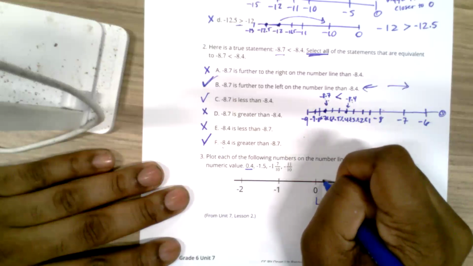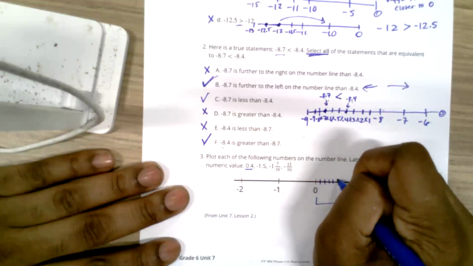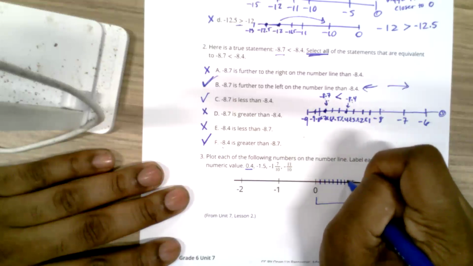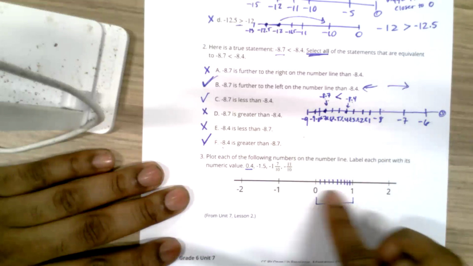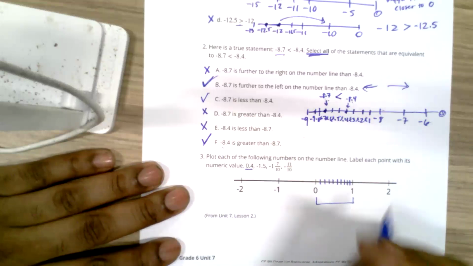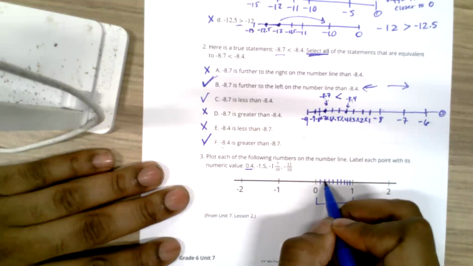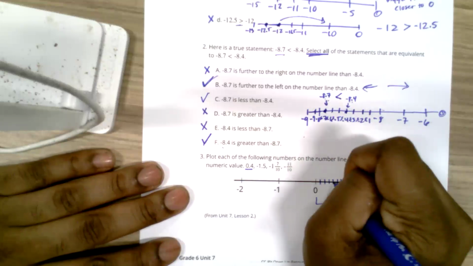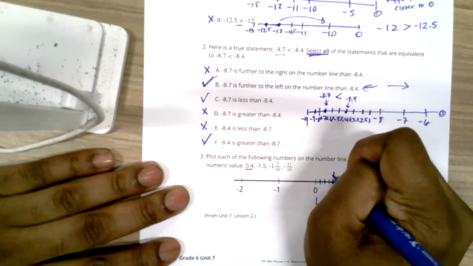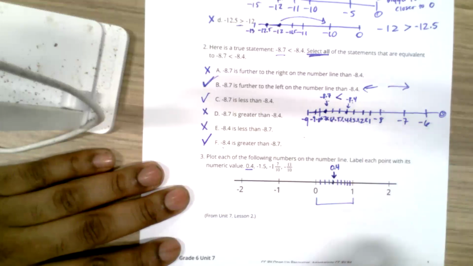So that's 0, 0.1, 0.2, 0.3, 0.4, 0.5, 0.6. You see how I split it in tenths? It makes sense to split into tenths. 0.4 would be 1 tenth, 2 tenths, 3 tenths, 4 tenths. So 0.4 is right here.